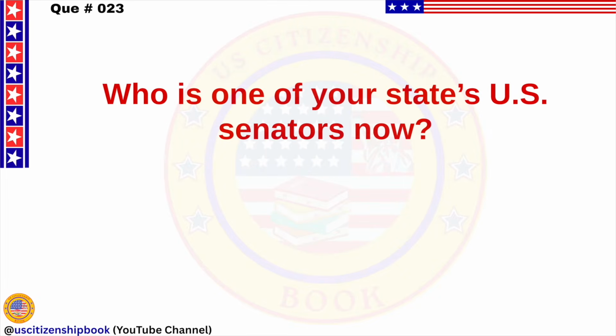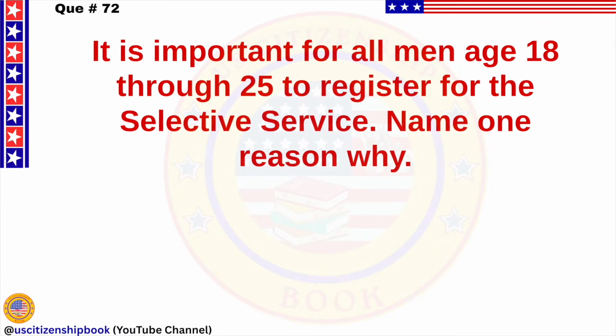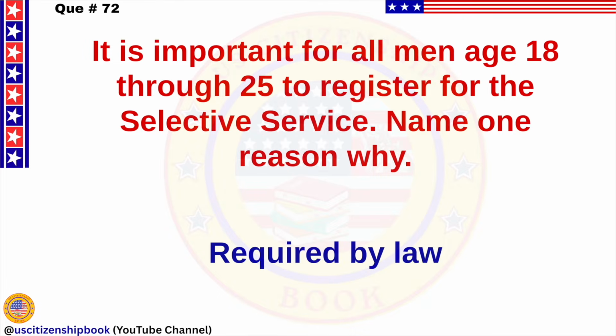Who is one of your state's U.S. senators now? Answers will vary. It is important for all men, age 18 through 25, to register for the Selective Service. Name one reason why. Required by law.